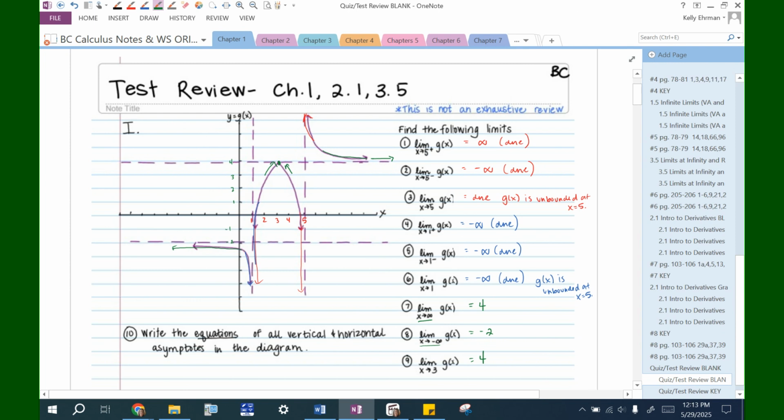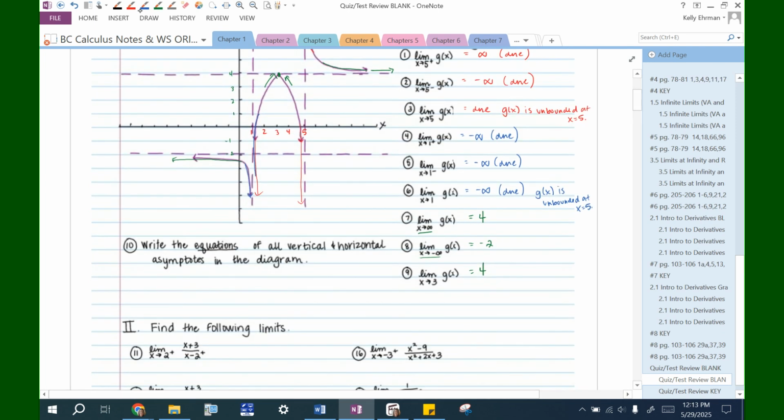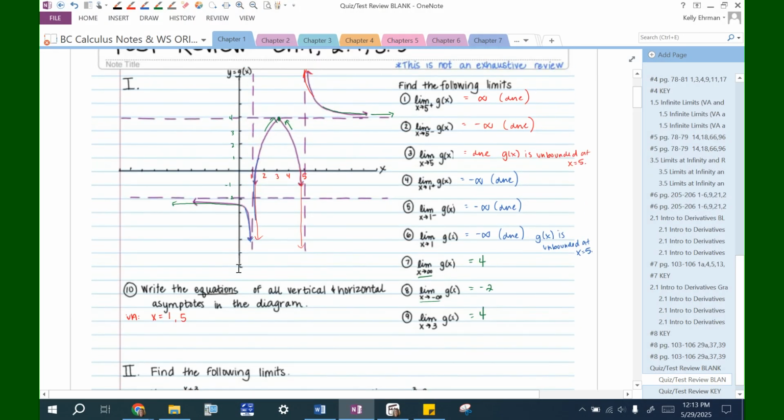Write the equations of all vertical and horizontal asymptotes in the diagram. Okay, that should be easy. So vertical asymptotes have to have equations where it's x equals because they're vertical lines. So we have x equals 1 and x equals 5. I'm okay with you separating them by commas.